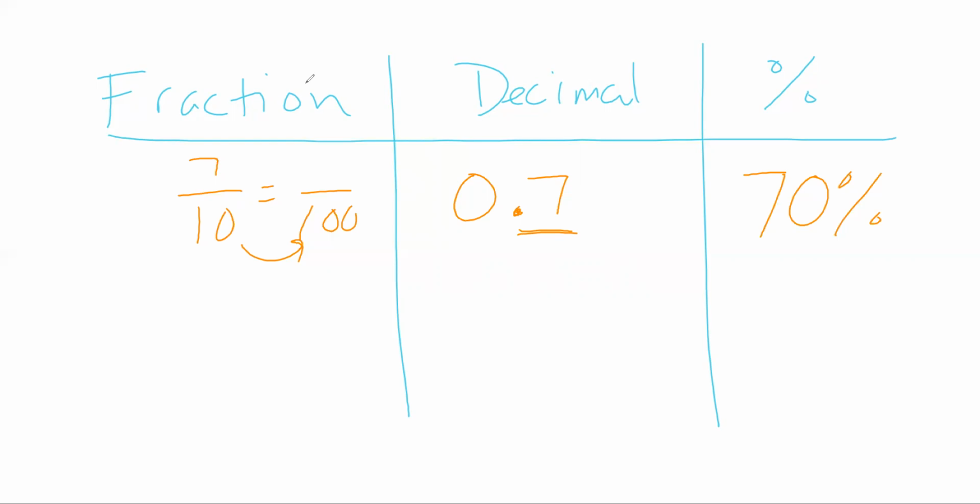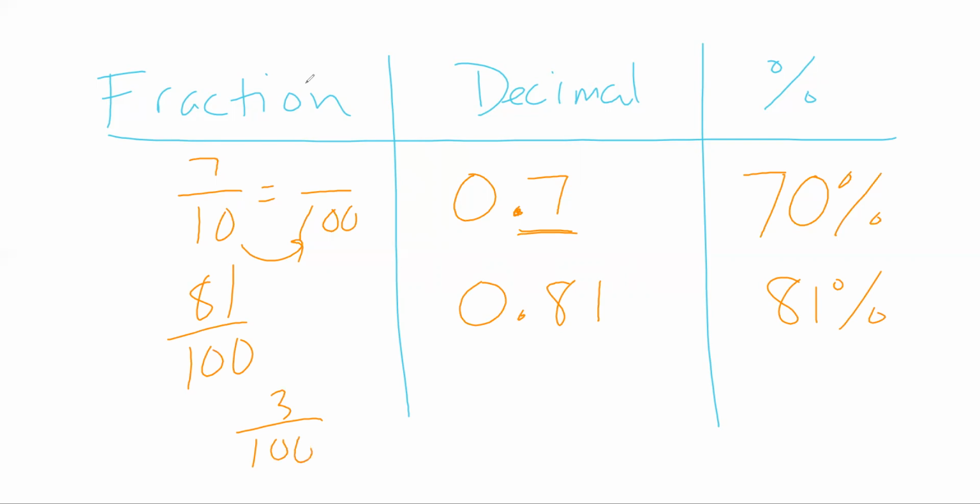Okay, so I don't know, 81 hundredths. Again, if I read it, I can write it: 81 hundredths. That means I have 81, and the 1 is in the hundredths place. And if I want to make a percentage, I can just ignore that decimal: 81%. And let's do one more, let's say 3 hundredths.